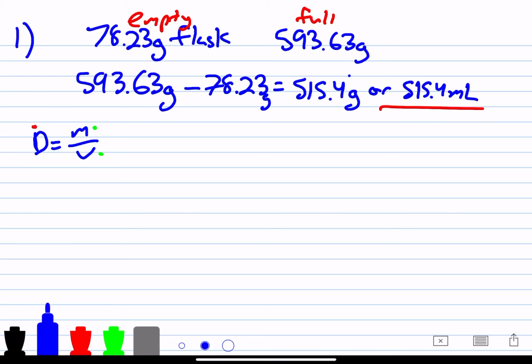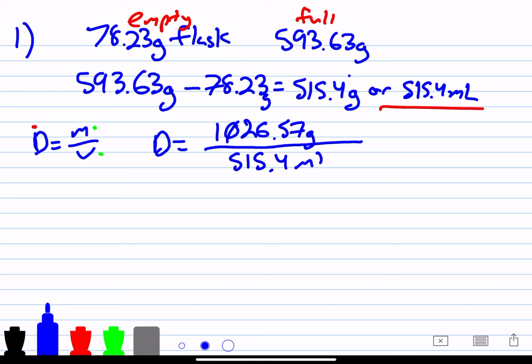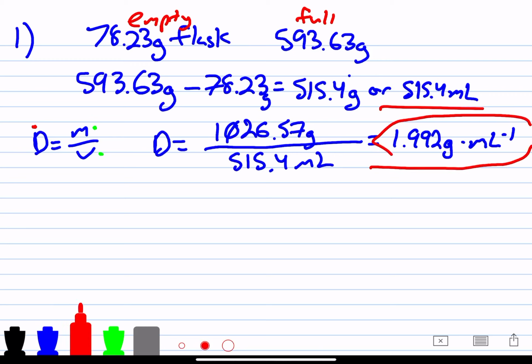So to find the density of sulfuric acid, density is going to be equal to 1026.57 grams over 515.4 milliliters. And that comes out to be 1.992 grams per milliliter. That is your density of sulfuric acid.